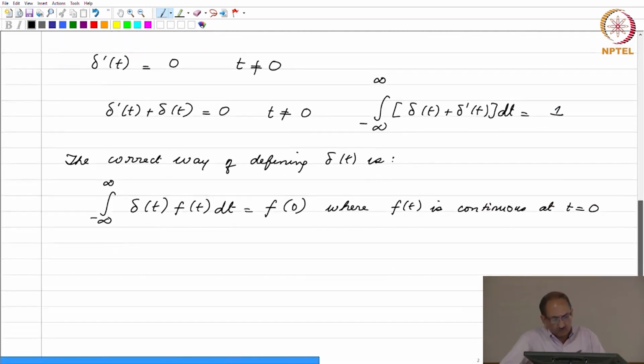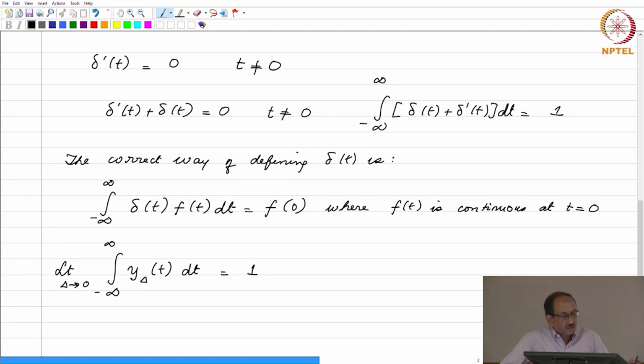The reason why you are running into difficulty is, for example, suppose you consider a function like y delta of t, and this is one over cap delta for the y delta that I have shown, and what we are doing is we are applying the limit as cap delta is tending to 0, and then the flaw is in this step.